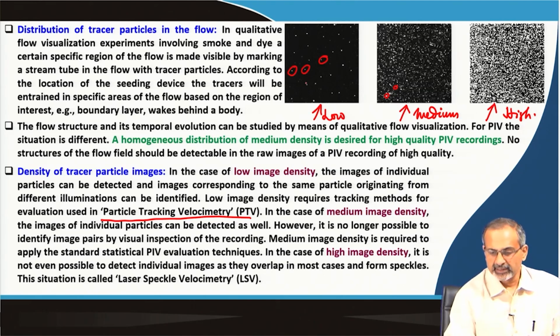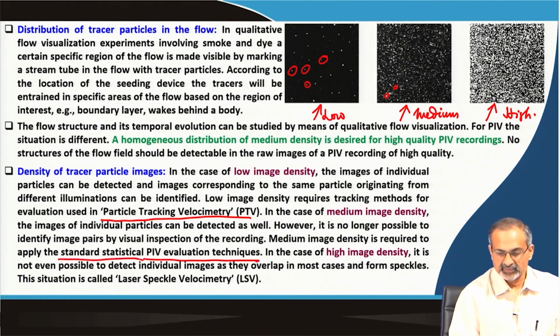You cannot track between two images a specific particle, where it was earlier and where it is now, because it has sufficient density already. Medium image density is required to apply the standard statistical PIV evaluation techniques. That means, the medium density is what is best suited for PIV.